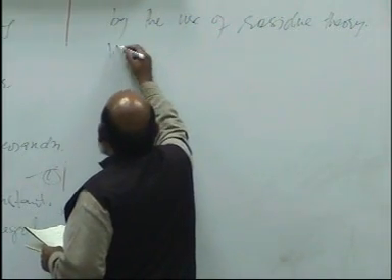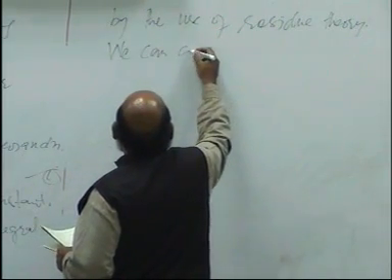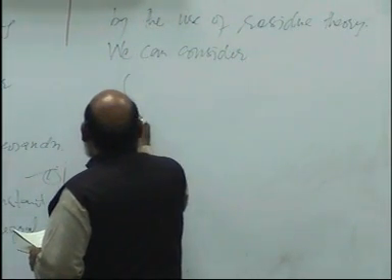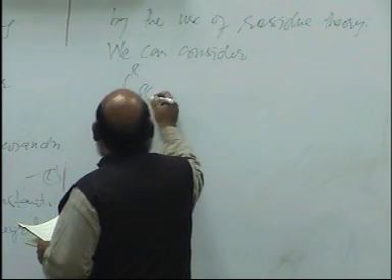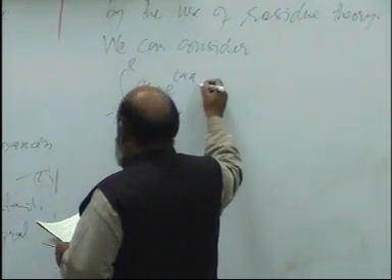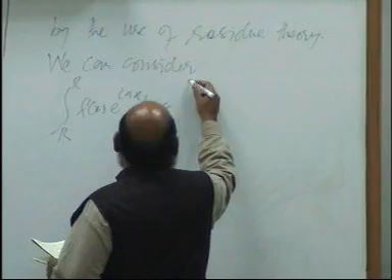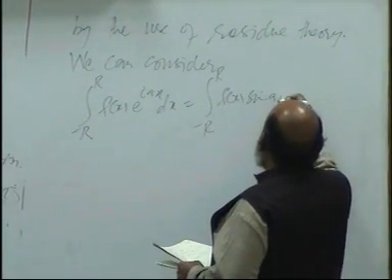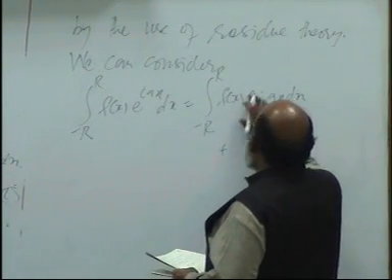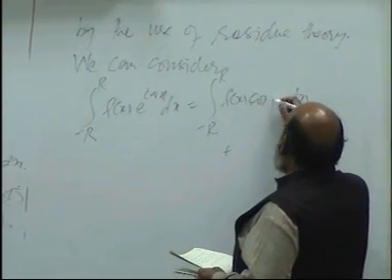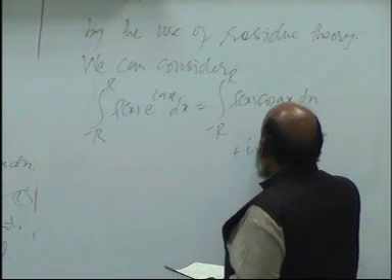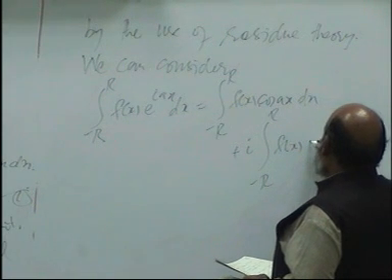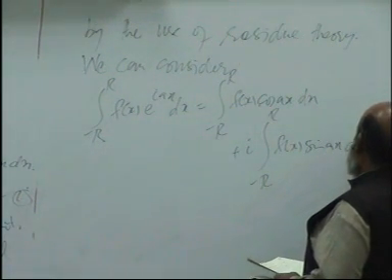We can consider the integral from minus r to r f of x e power iota ax dx, which is equal to the integral from minus r to r f of x cosine ax dx plus iota times the integral from minus r to r f of x sine ax dx.